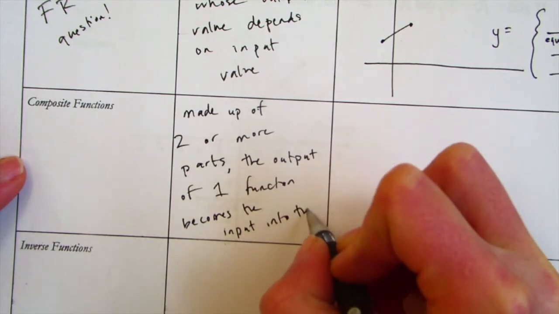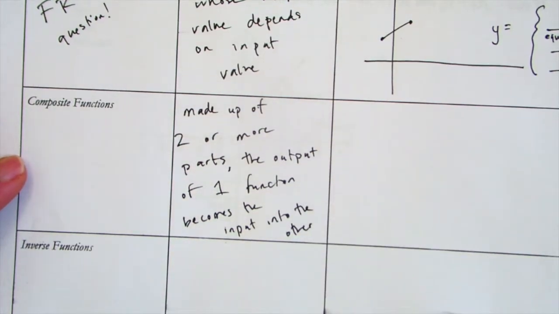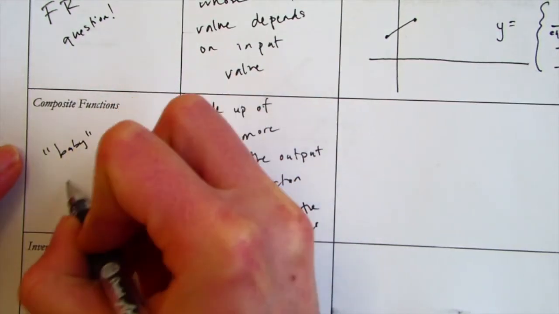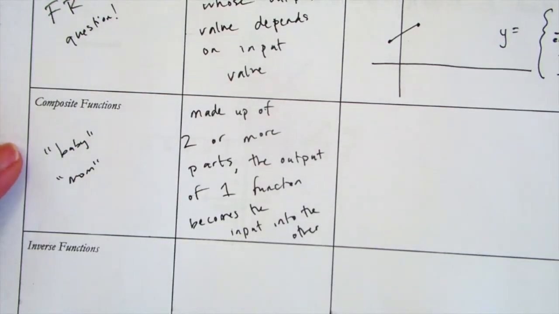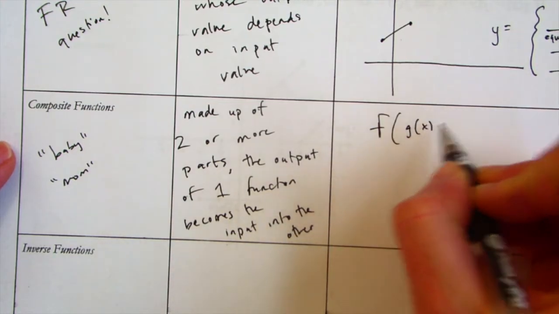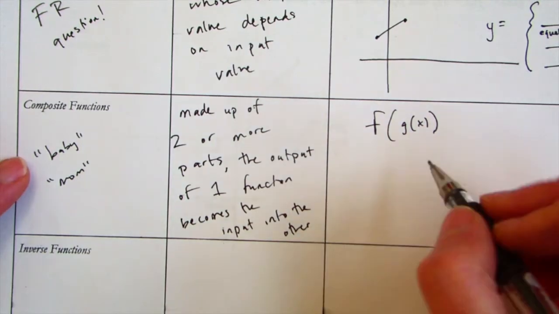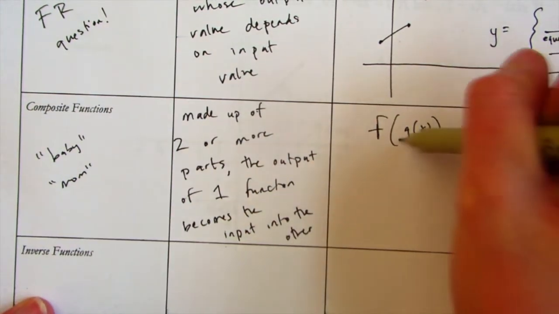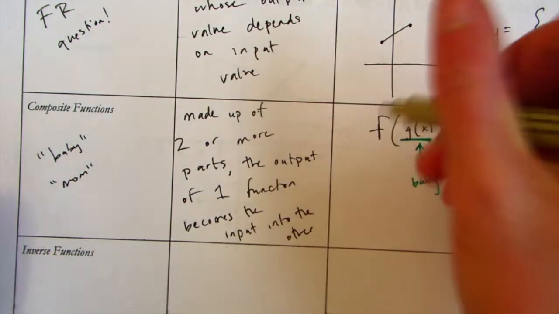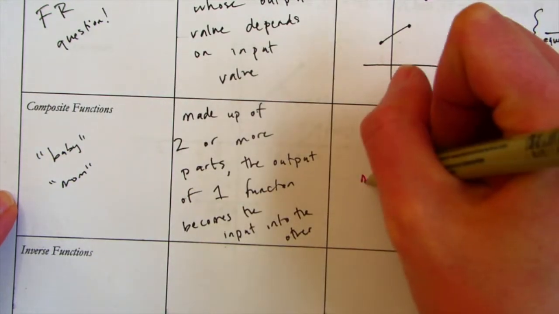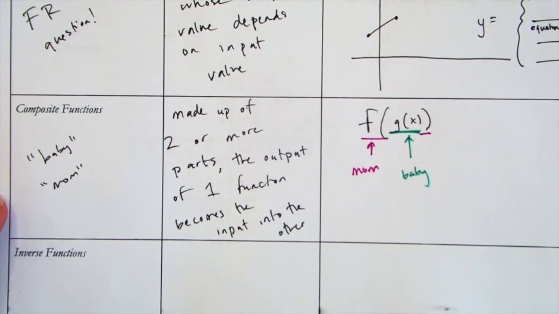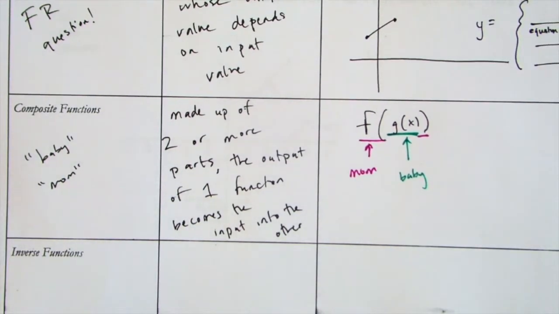All right, and this composite function, we can think of it as having a baby and a mom. Normally it would look something like f of g of x, where the function on the inside we would call the baby, and the function on the outside we would call the outside function, or we could also call the mom. And important thing to remember with composite functions is you evaluate from the inside out. So evaluate baby first is like the #1 rule to remember with these.